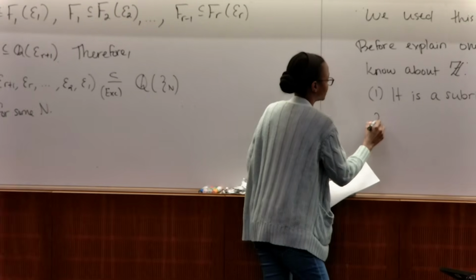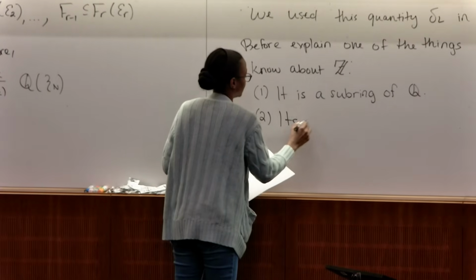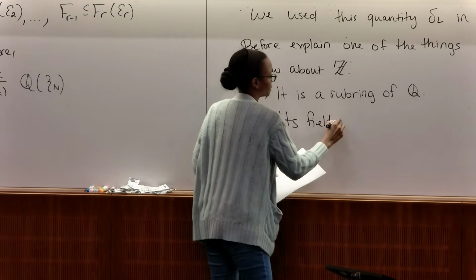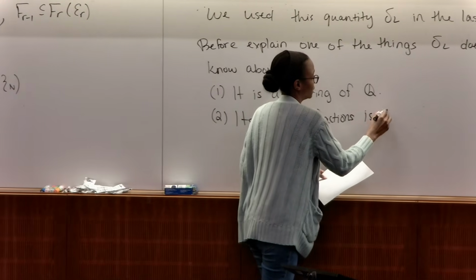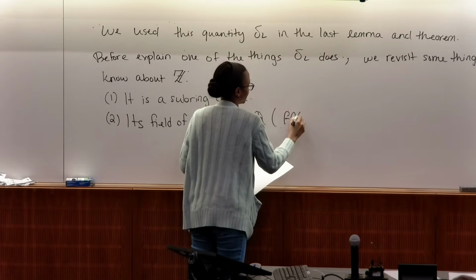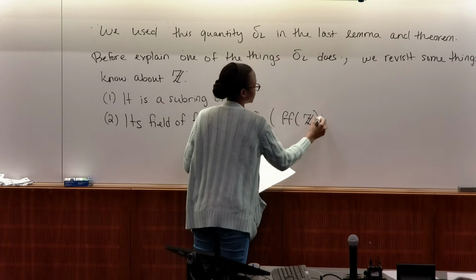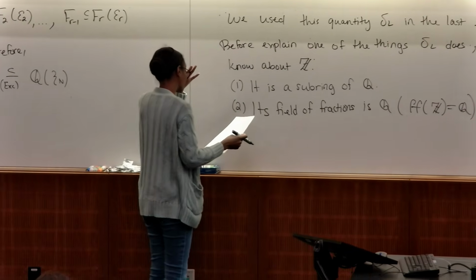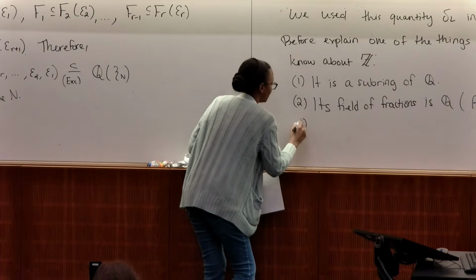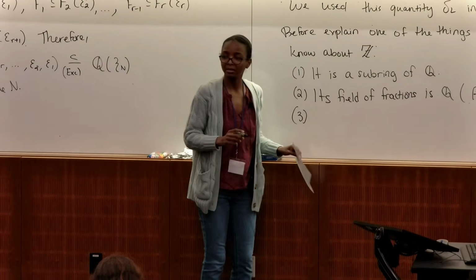Two, its field of fractions is Q, and we denote this by FF, the field of fractions of Z is Q. Three, you may have heard of something called Gauss's lemma.